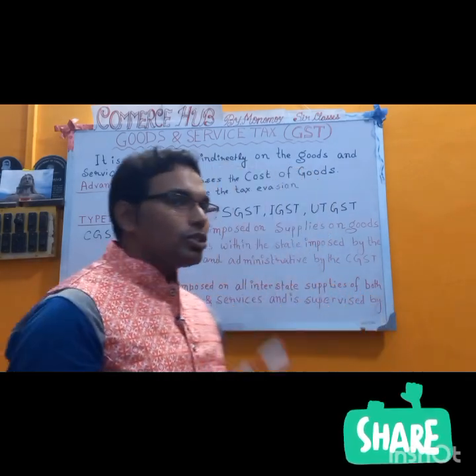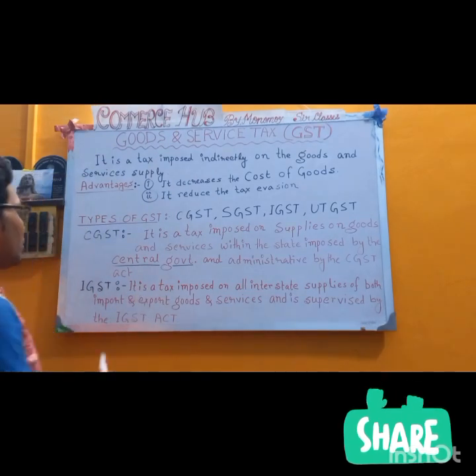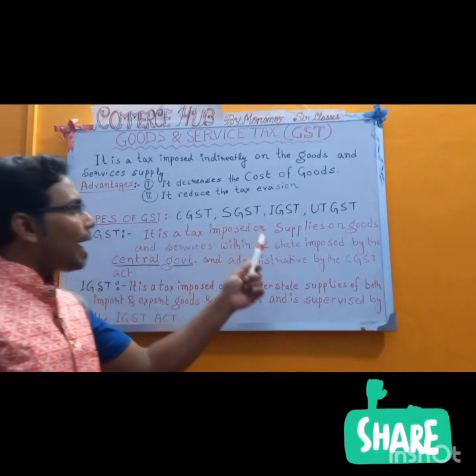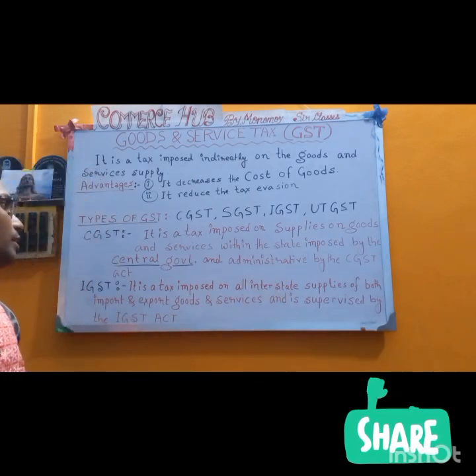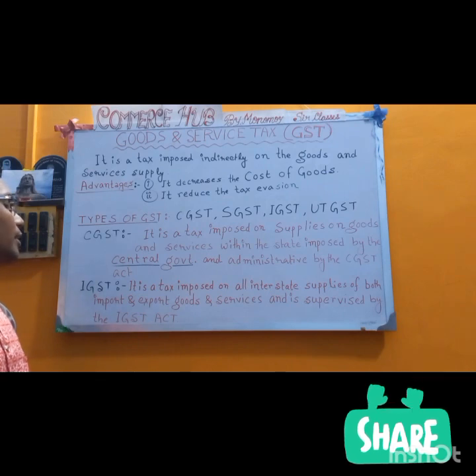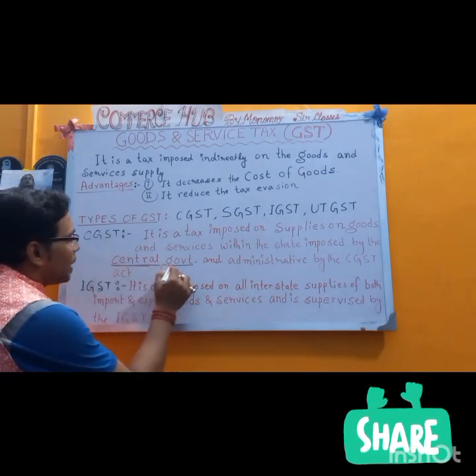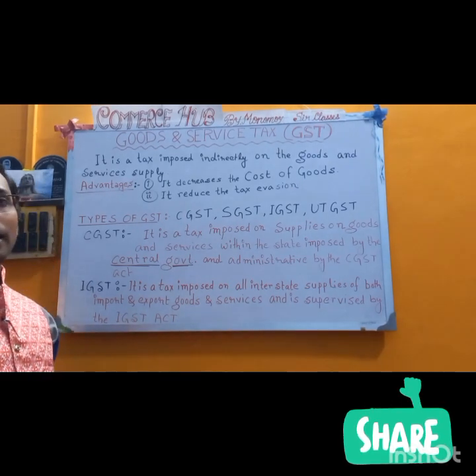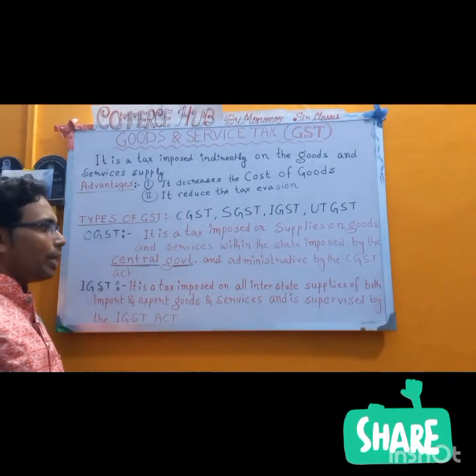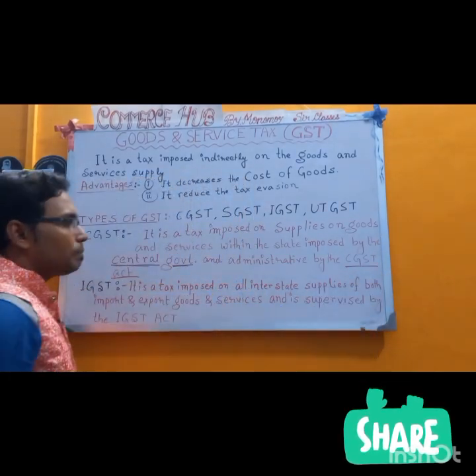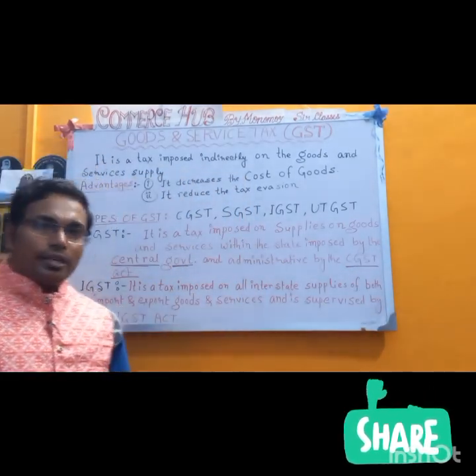Okay, so what is CGST? Have a look. It is a tax imposed on suppliers of goods and services within the state, imposed by the central government, and administered by the CGST Act. Whenever you are applying CGST, obviously it is based on the CGST Act.